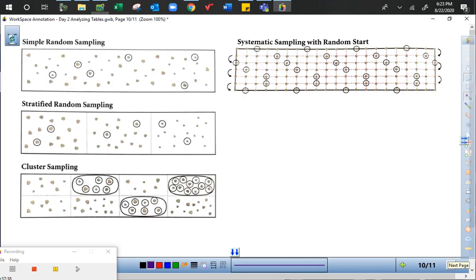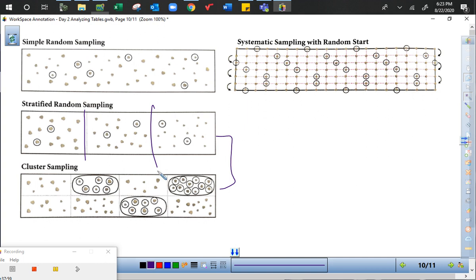So, for people who like visuals, I really like this, especially for the difference between these two. Here's how it works. Simple random sampling, you take the whole group and you randomly choose people throughout. You could have two next to each other, but usually they're spread about. Stratified random sampling, you first separate them into groups, specifically groups that share characteristics.